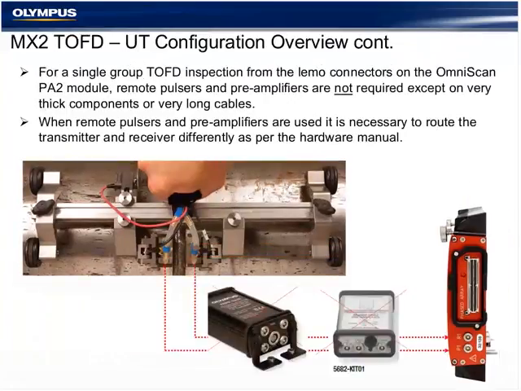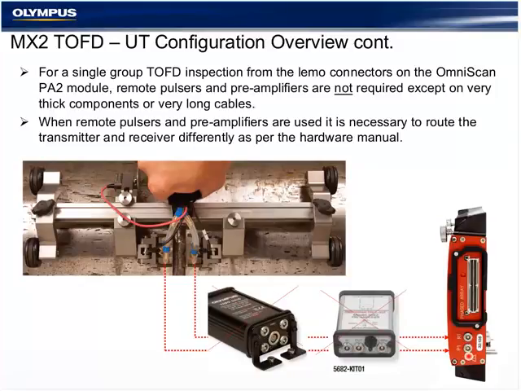Because of the high voltage that's available on the UT channel, and we'll have a voltage available on the new modules that you see pictured here of 95 low, 175 volts medium, or 340 volts high, which eliminates the need for remote pulsar receivers on this connector.